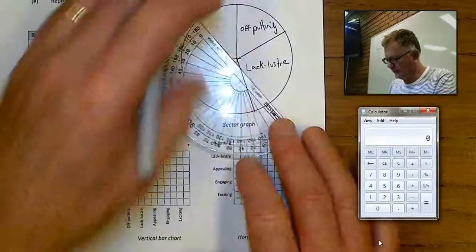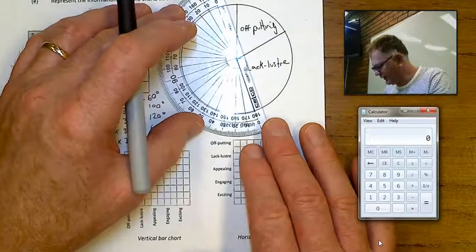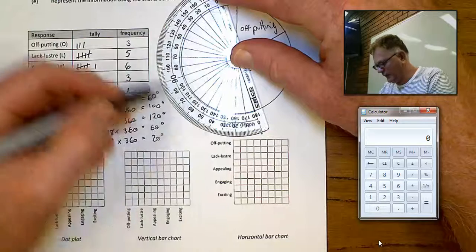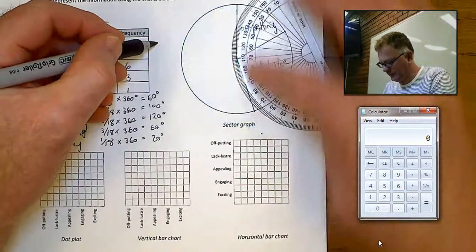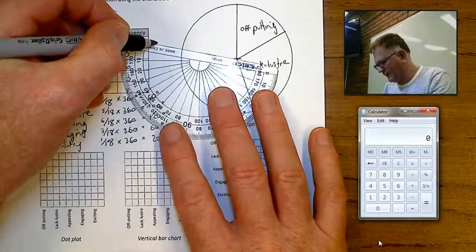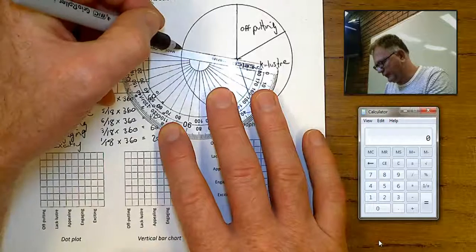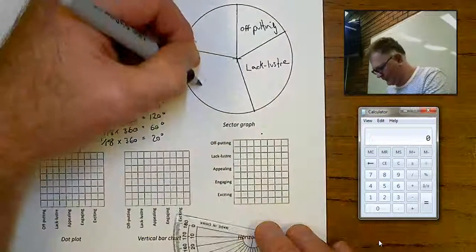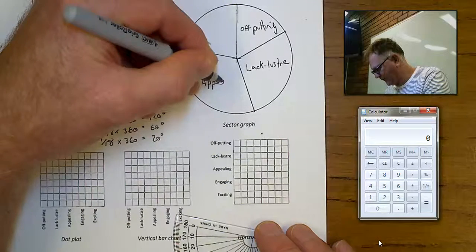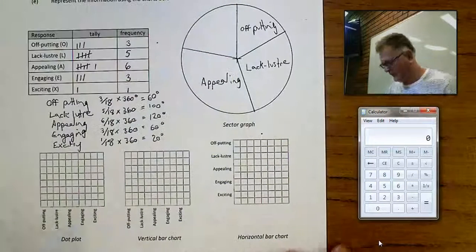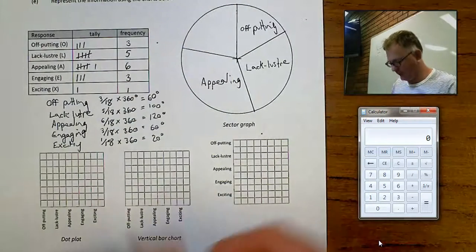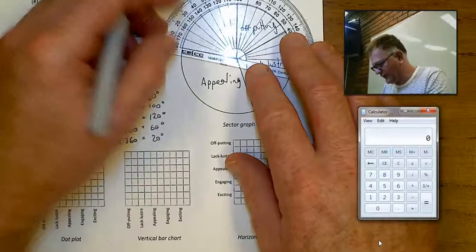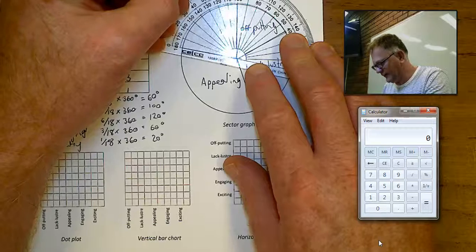120 degrees, so centre in the centre, and the 0 line out here, and we'll measure around to 120, put a dot out there, and we're going to connect from the dot to the centre of the circle. I'll start at the edge of the circle. 60 degrees for engaging, centre on the centre, mark around to 60 degrees.